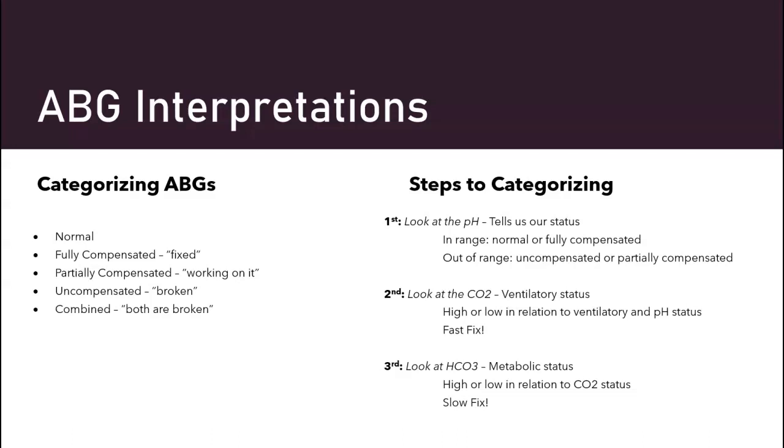Fully compensated is the pH is now normal or within range by the CO2, the bicarb, or both. Partially compensated is the pH is starting to get into range by either the CO2 or the bicarb, but it's kind of like it's working on it. It's working its way there.